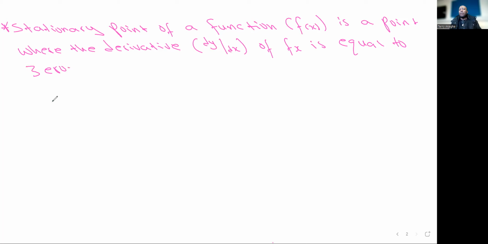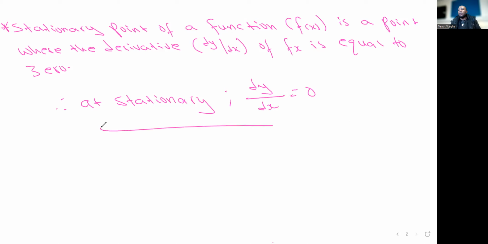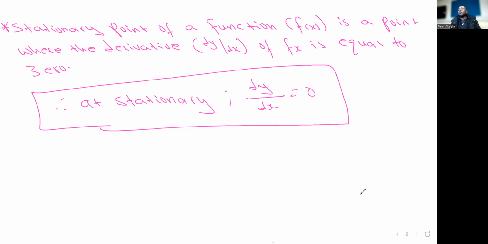All right, so that means when you're talking about stationary points, dy over dx is equal to 0. So what are we looking for in this video then?